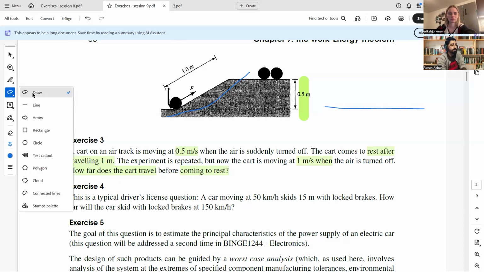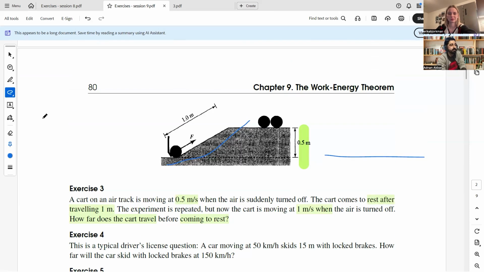So what is given here? They are giving us initial velocity v1 is 0.5 meter per second and final velocity vf equal to 0. In the first case, the covered distance d1 is equal to 1 meter.